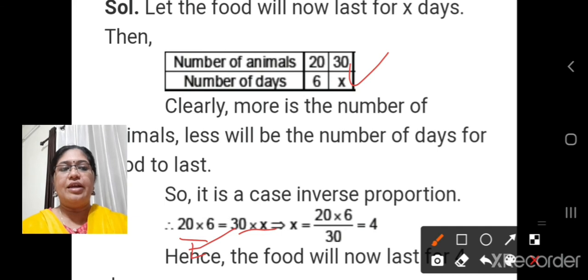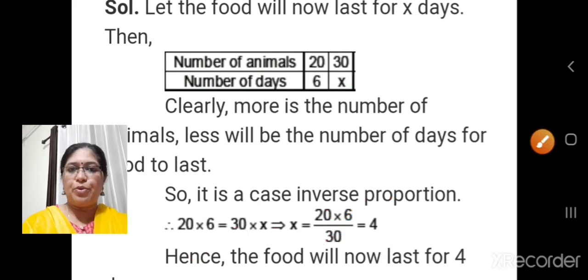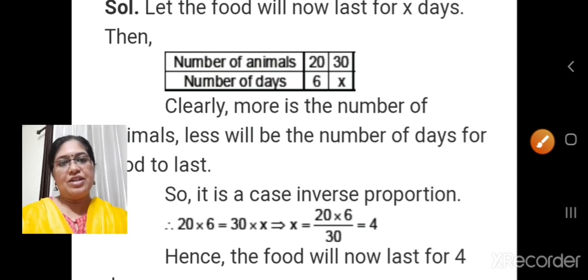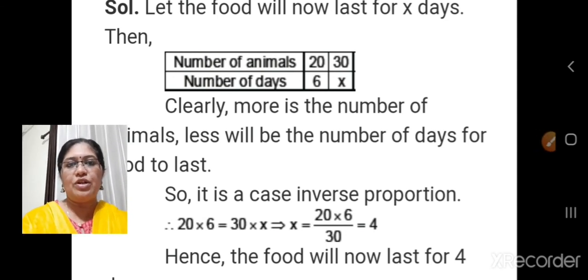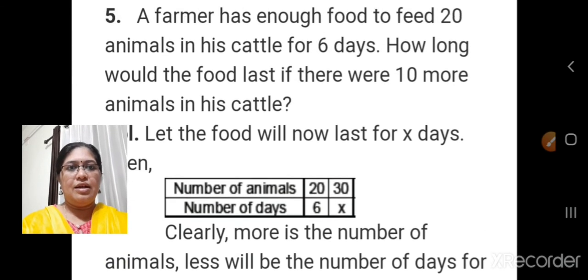So 20 into 6 by 30, that is equal to 4. You can cancel this 0 and 0. 3 2s are 6, 2 2s are 4. You are getting the answer. Got it? So it is inverse proportion. So you did multiplication. If it is direct proportion, you will do division. Okay. Now we'll go to the next question.